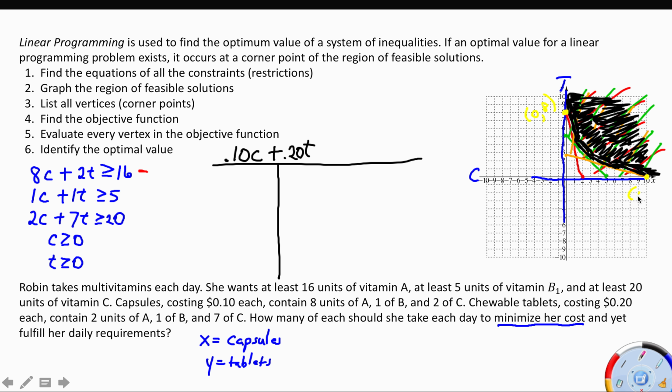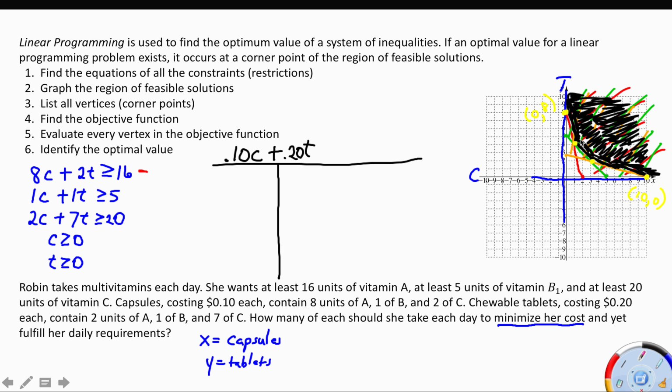This is at 10, 0. And then here's a corner, and here's a corner. So I need to know the coordinates of these points.